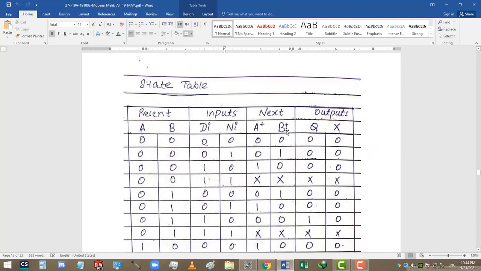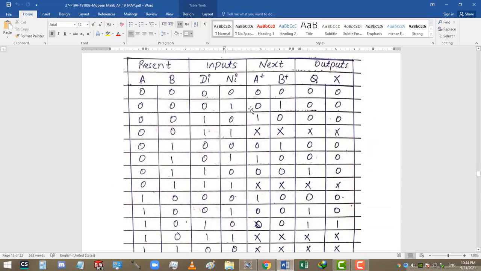Now using that state diagram, I have made this truth table. This is basically the state table in which the present states are written here and the next states are written here.